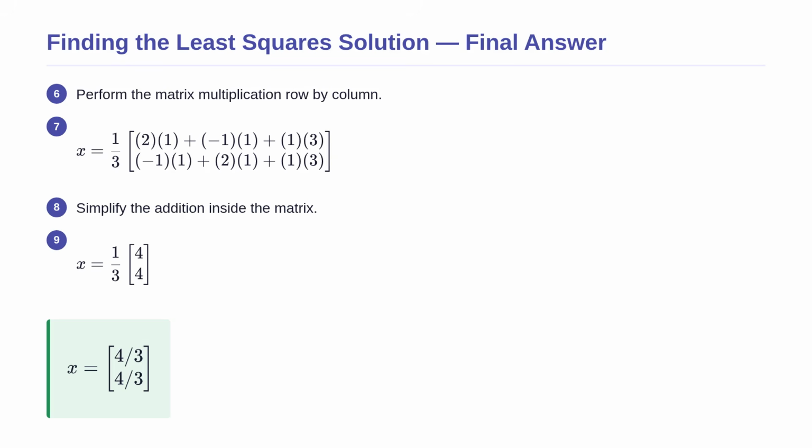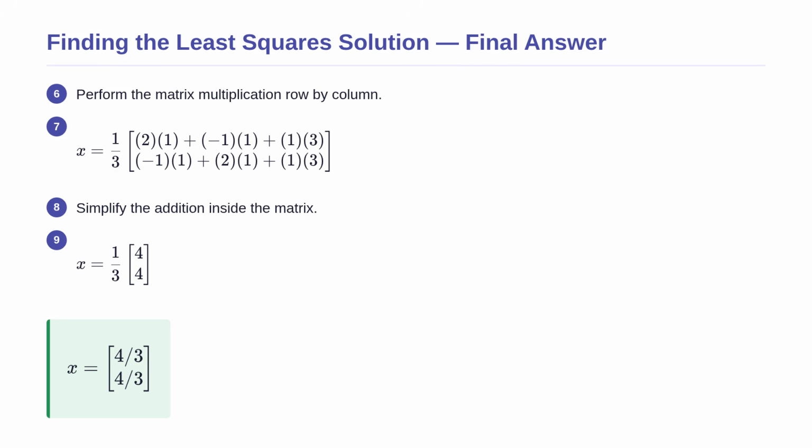Let us finish the calculation. We write out the multiplication step by step to avoid mistakes. For the top row, we multiply and add the terms to get 2 minus 1 plus 3. For the bottom row, we get negative 1 plus 2 plus 3. Simplifying the addition inside, both rows sum up to 4.